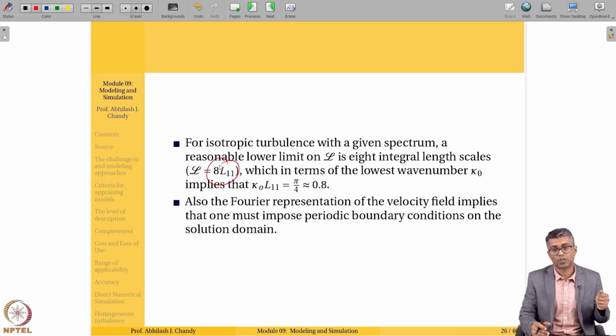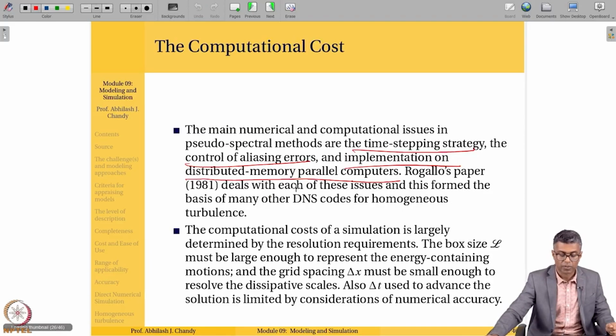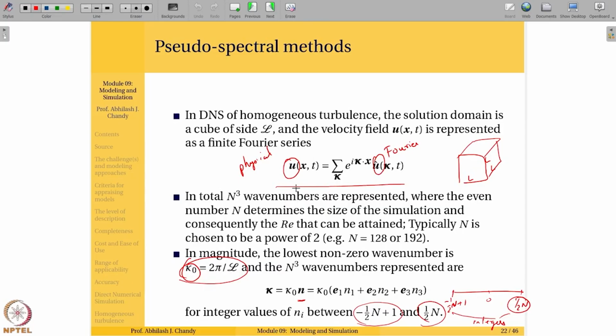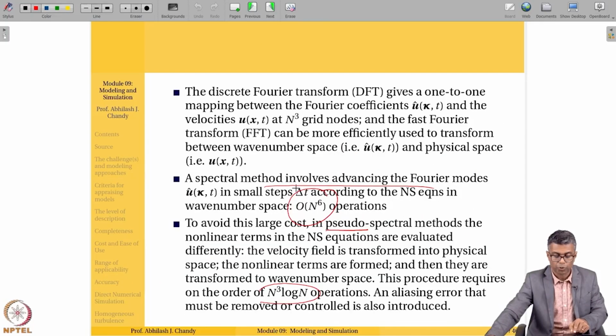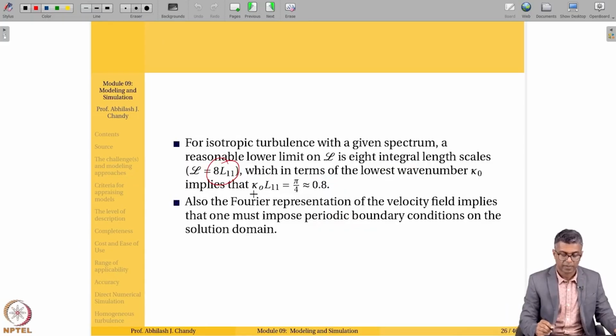So that means in terms of the lowest wave number, kappa naught L11 is pi by 4. How do I get that? Because kappa naught, as I had shown earlier, is 2 pi over L, right? So if I just substitute that here, kappa naught L11 is 2 pi over L, times L11. And L11 over L is 1 over 8.